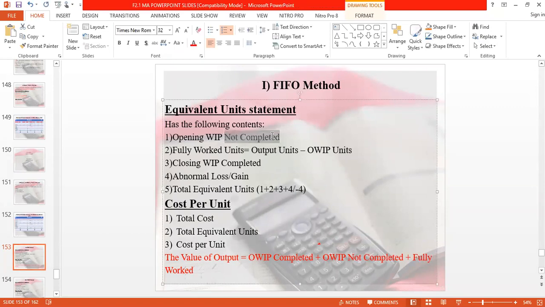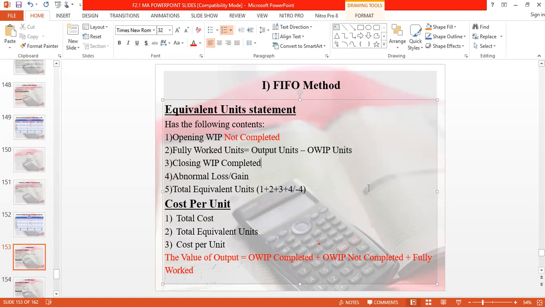Opening work in progress, not completed. The keyword there is not completed. You will be given the completed percentage. For example, if 60% is completed, it means 40% is not completed. If 70% is completed, it means 30% is not completed. So you start with opening work in progress, not completed.